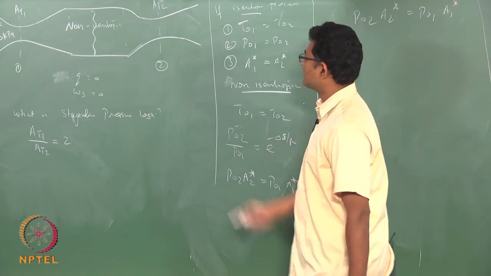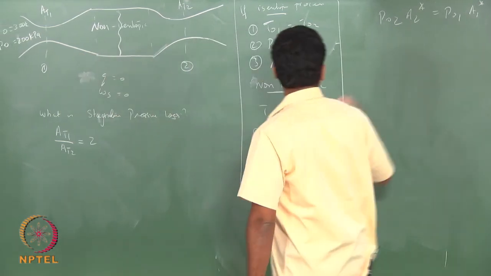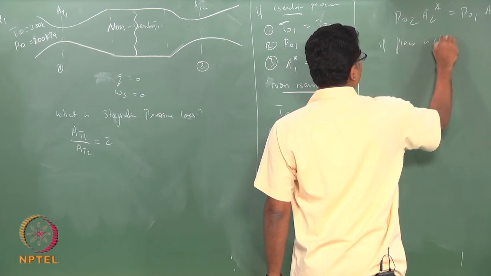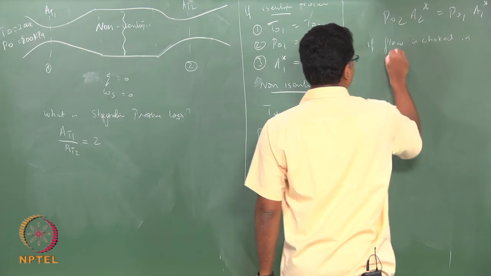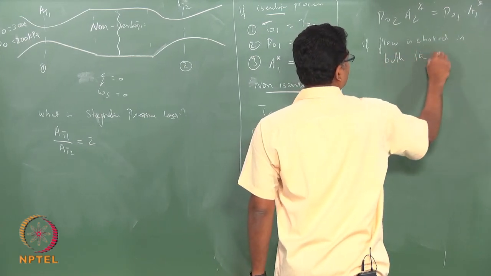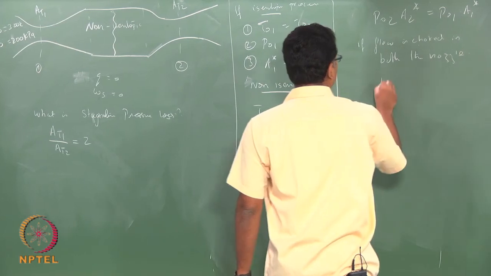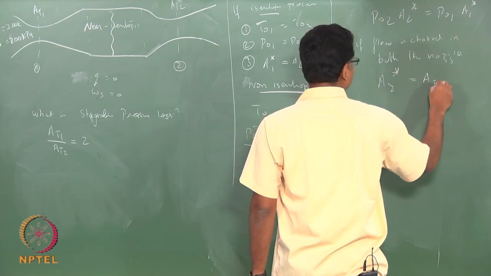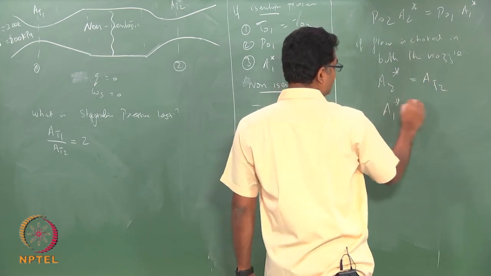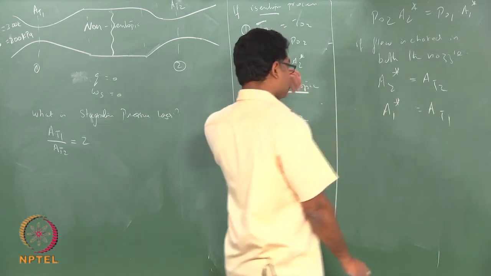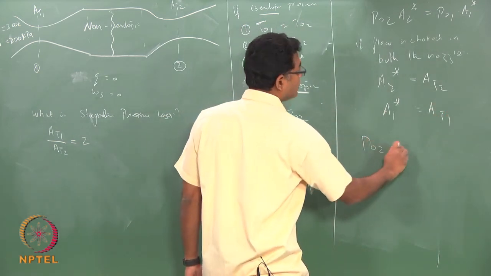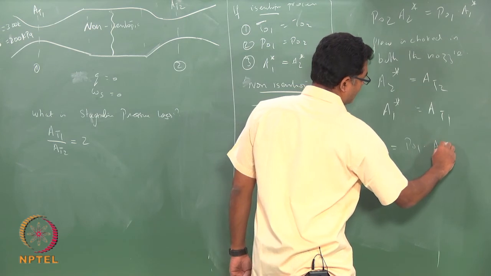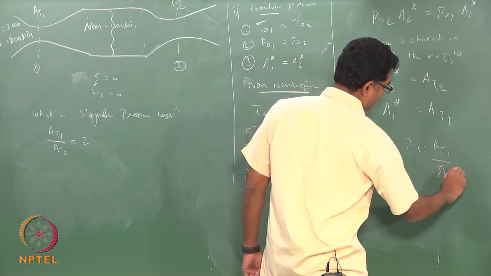Assuming the throat area is choked, A2 star is your A throat 2, A1 star is your A throat 1. So, I can find my P02 to be P01 into AT1 by AT2.